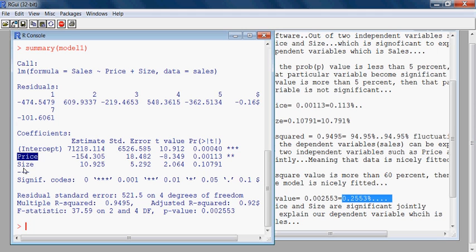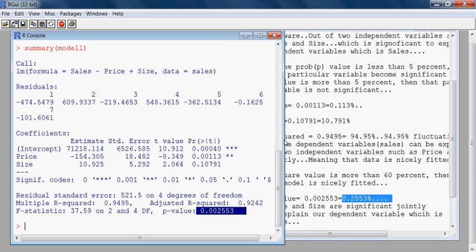But here out of two variables, at least one is significant. So we are happy about the model, and also the value of R square is very high, and also F statistics is significant because p-value is less than 5%. Okay, so this model is very good. We are happy about these models and so on.